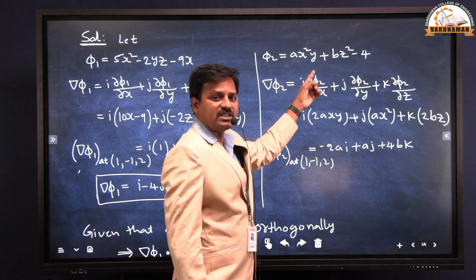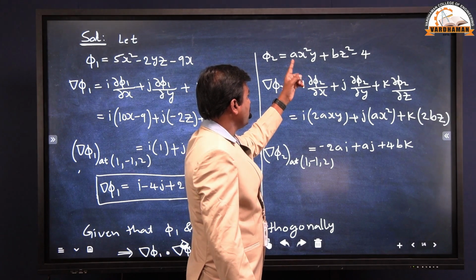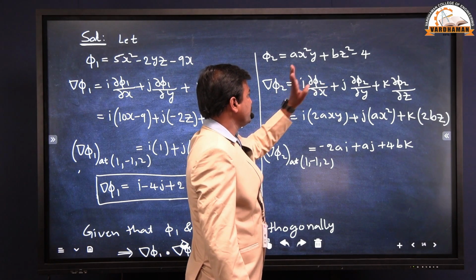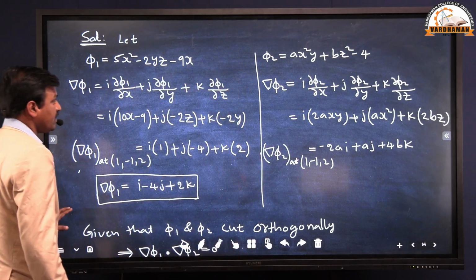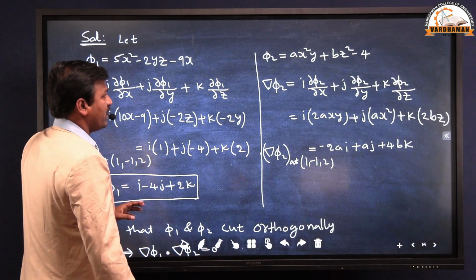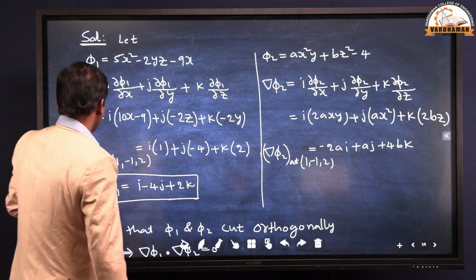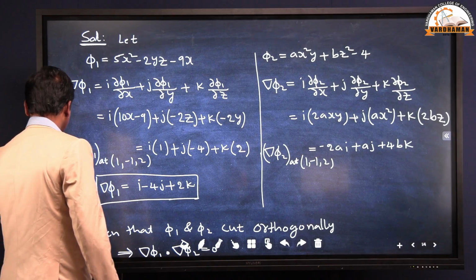In place of x, y, z, we have to substitute 1, minus 1, 2. Therefore x equal to 1, y equal to minus 1, z equal to 2.